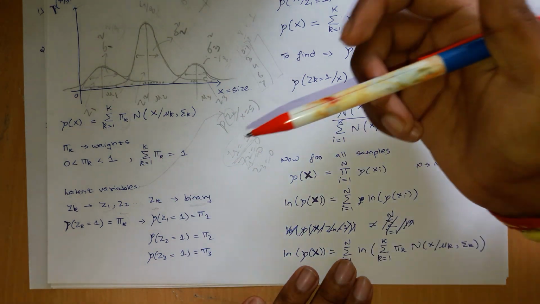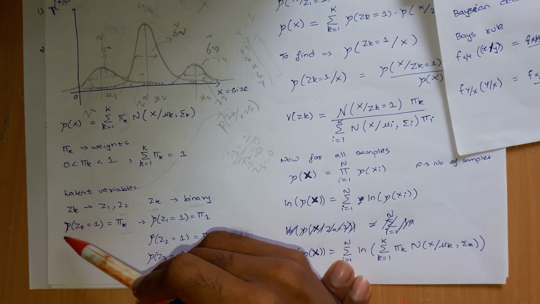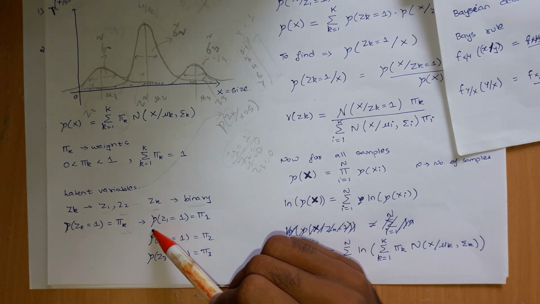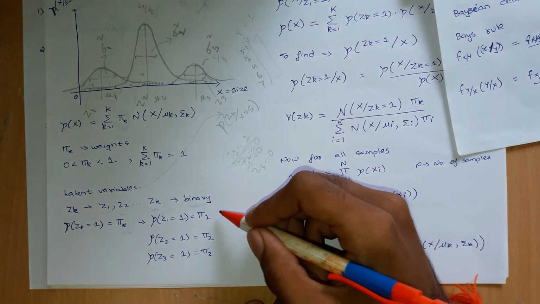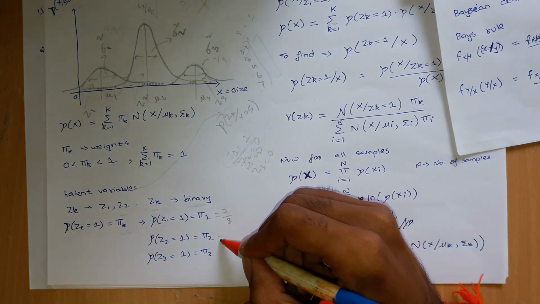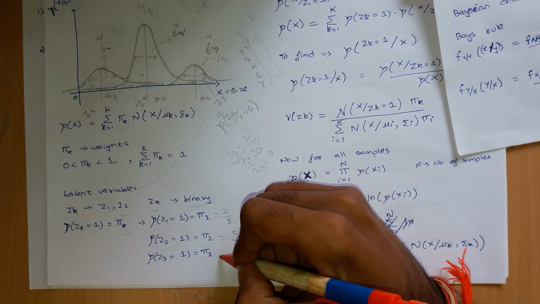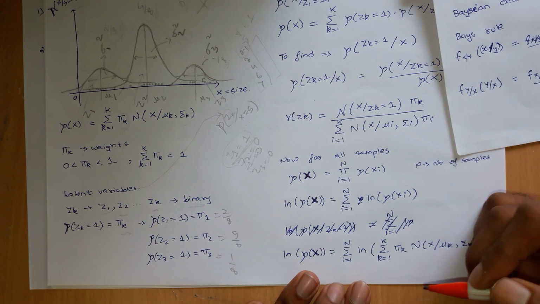It is just the prior that you have, so that is pi k. So from this we get p of zk is equal to 1 is nothing but pi k. So p of z1 is equal to 1 will be pi 1, so that will be say some 2 by 8, this will be some 5 by 8, and this will be some 1 by 8, right?